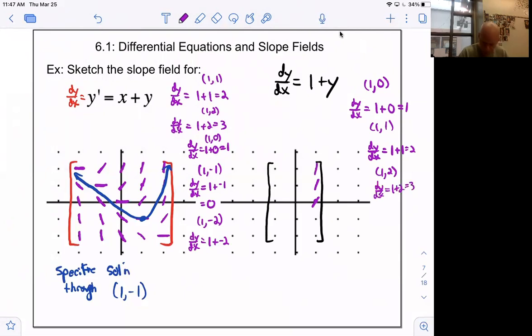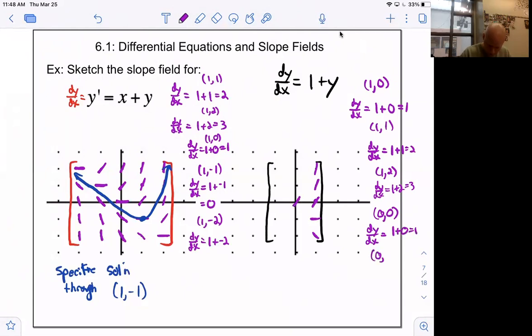If you'd like to pause and try the rest of these on your own, you can. If I go 1 comma negative 1, that's 1 plus negative 1, which would be 0. And then 1 plus negative 2 would be negative 1. Okay, let's move to the next one, 0 comma 0. So this dy dx would be 1 plus 0, which is 1, like that.